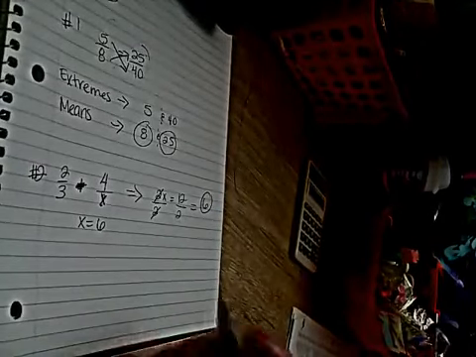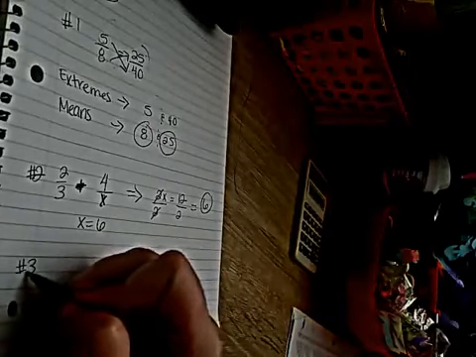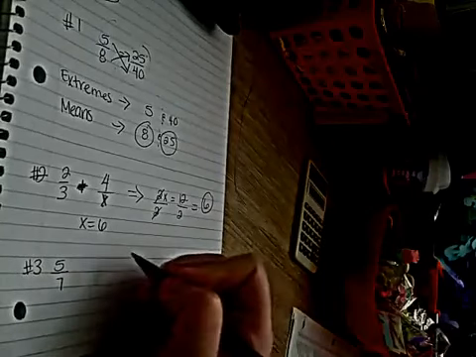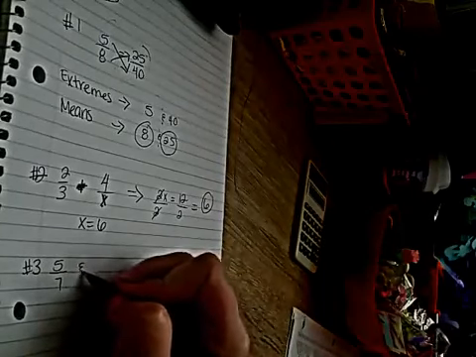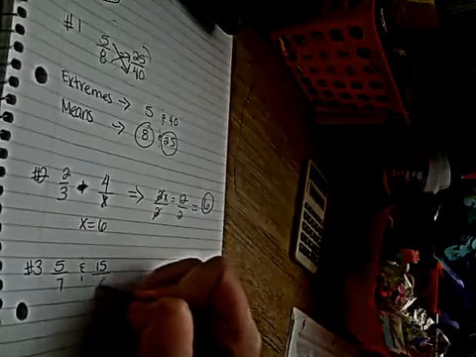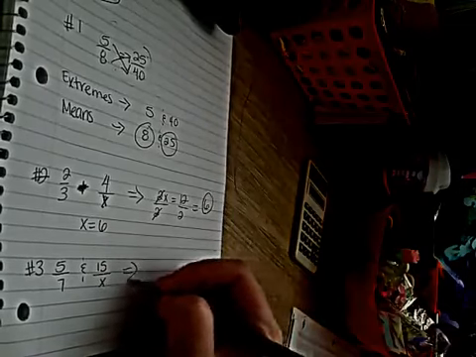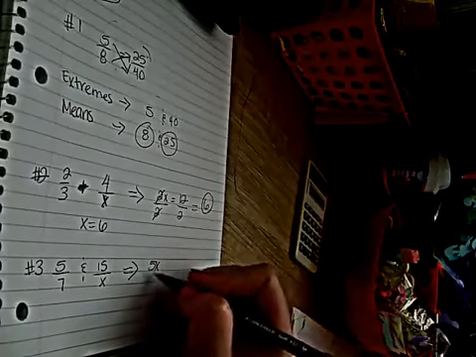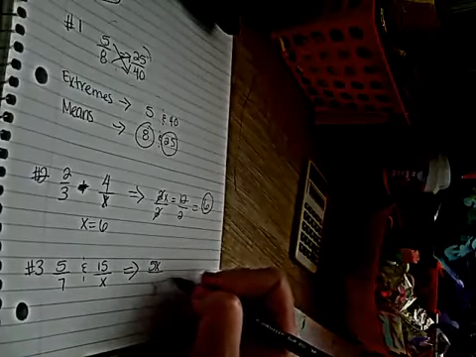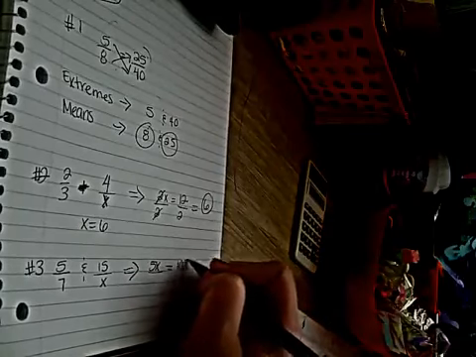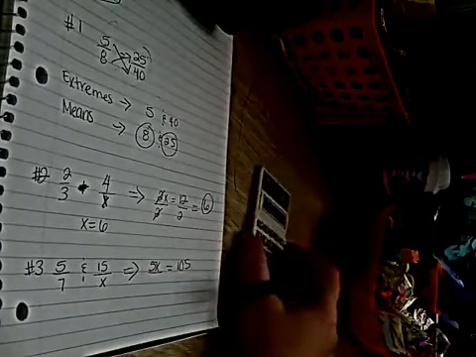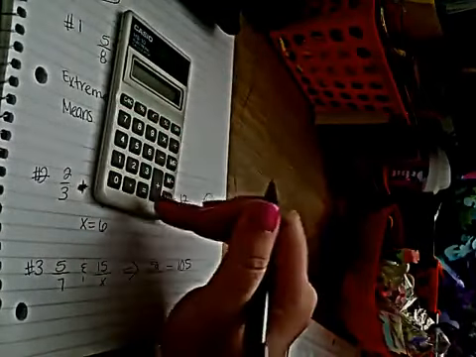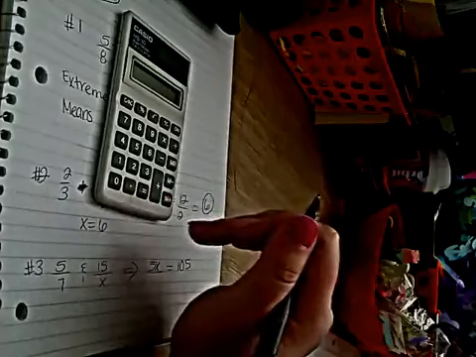Okay, if we move on to number 3, you have 5/7 equals 15 over what would make this a proportion? So you get 5x equals 105, 7 times 15 is 105.